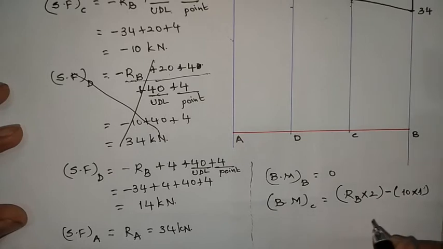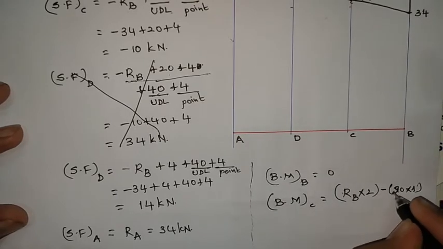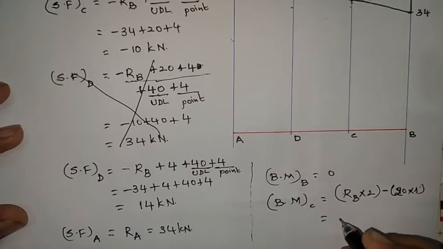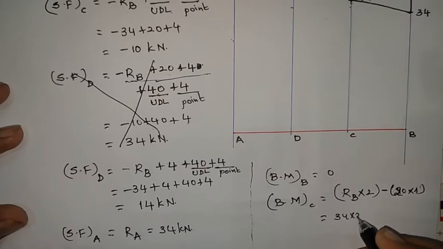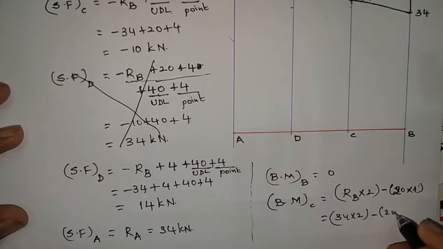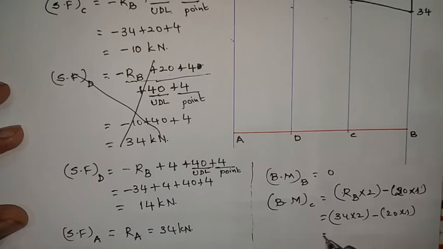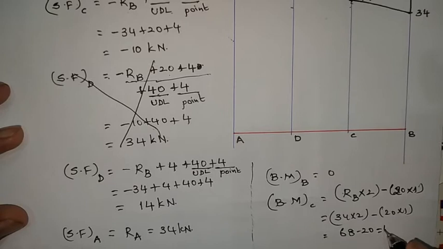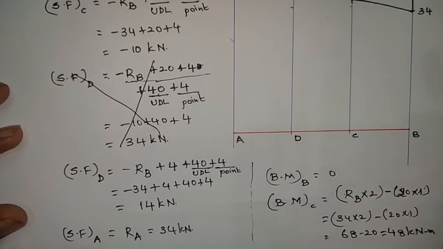So that equals RB into 2 minus 20 into 1, that is 34 into 2 minus 20 into 1. So 68 minus 20, that equals 48 kilonewton meter.